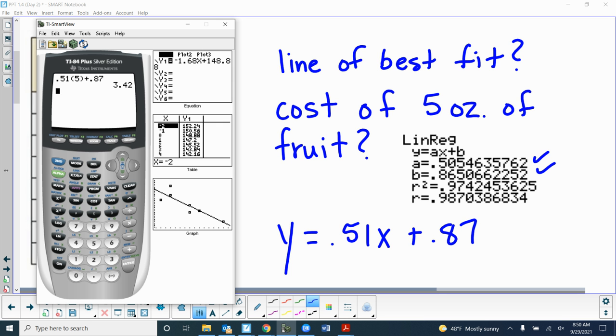I think we're getting better at where to find all that stuff in our calculator. That's what we've been practicing. Okay? Homework answers. I think you got them all right. If you don't, if you find out you didn't, you just probably put a number in wrong or forgot a negative or something.